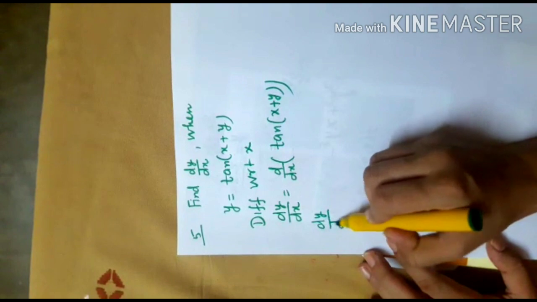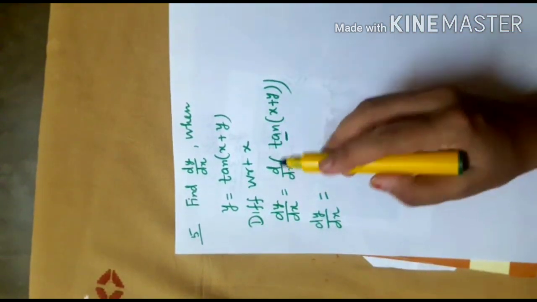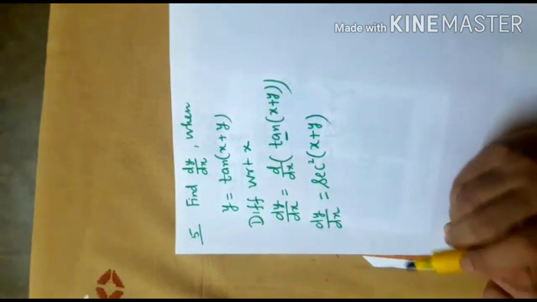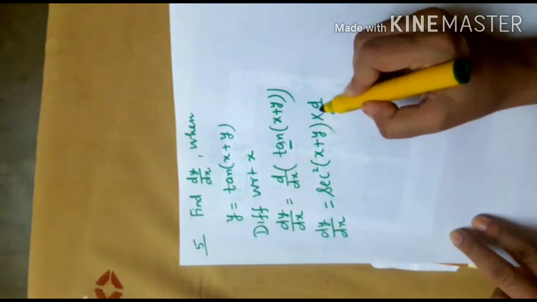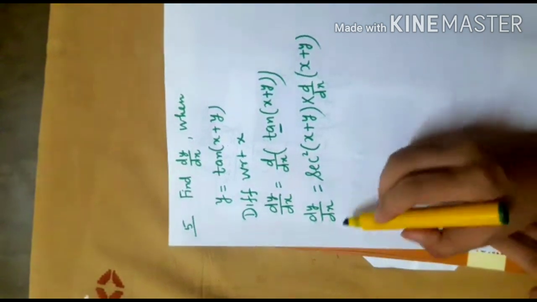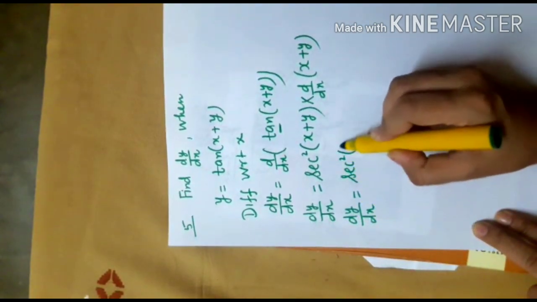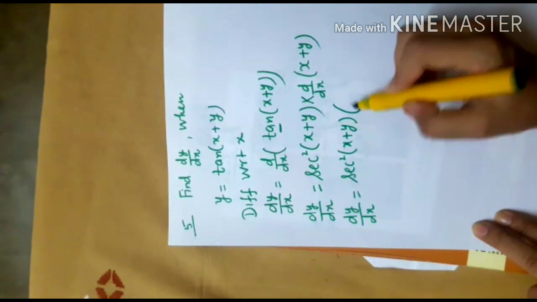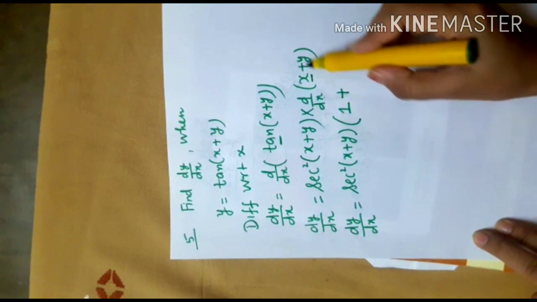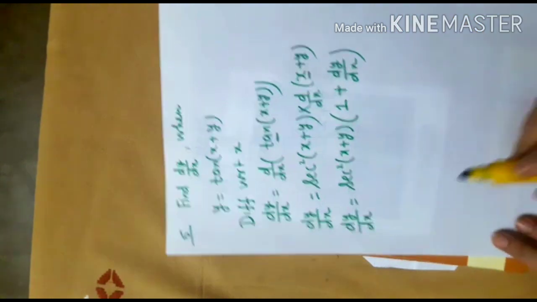Outer function is tan, so its derivative is secant square, do not change the inner function, into derivative of inner function which is x plus y by chain rule. So it's dy by dx equals secant square (x plus y) into (derivative of x with respect to x is 1 plus derivative of y with respect to x is dy by dx).